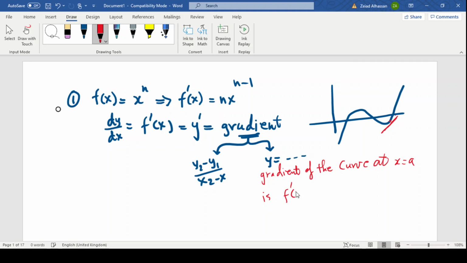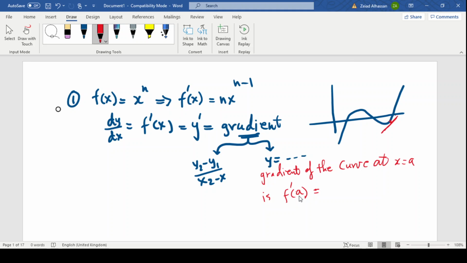So the gradient of the tangent is the same as the gradient of the curve at that point. And don't forget what I'm saying, this is very important. The gradient of the tangent is equal to the differentiation, the gradient of the curve at that point.